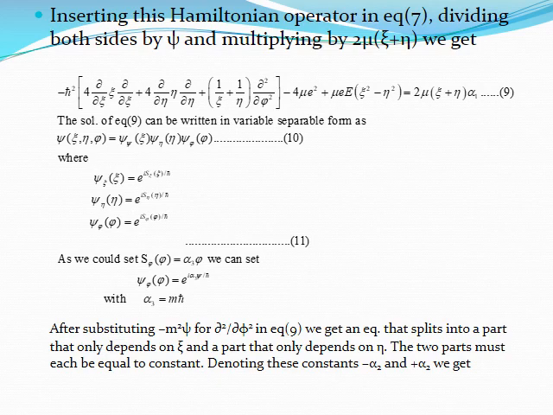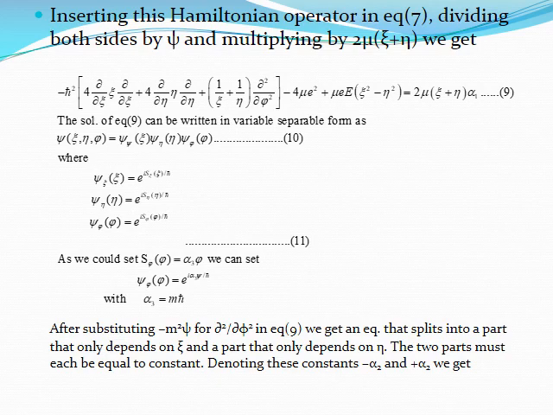After substituting −m² for ∂²/∂φ² in equation 9, we get an equation that splits into a part that only depends on ξ and a part that only depends on η.